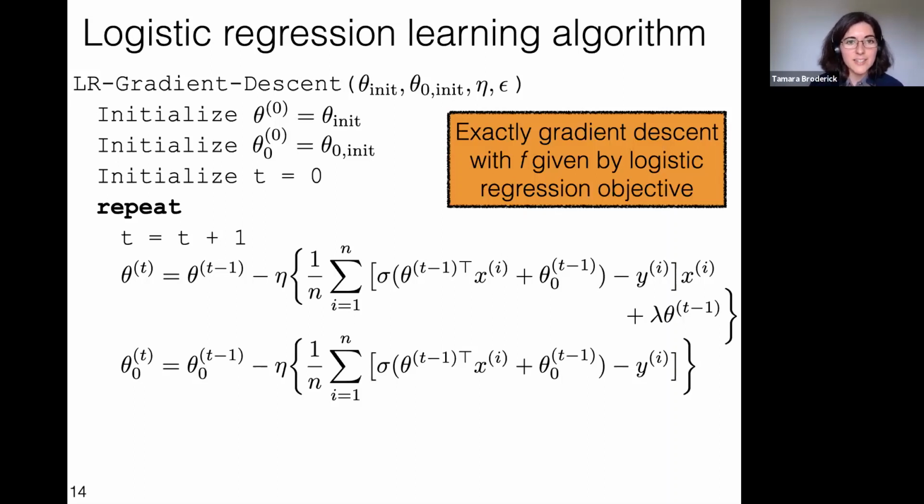Again, it looks like a lot, but it really isn't. It is just the gradients for logistic regression. And remember, we applied the penalty to theta to make sure that we weren't being super overconfident. That penalty is showing up in our update for theta, but not for theta naught.